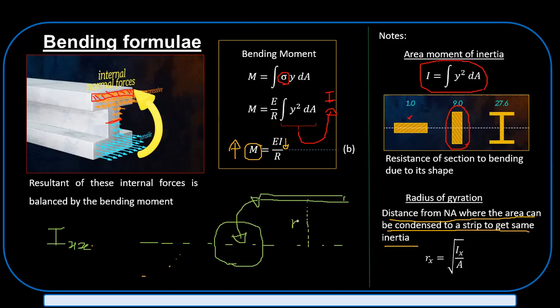This distance is theoretically called Rx. You simply divide this I by its area. So that means the distance from the NA where this area can be condensed into a strip to get the same inertia. If you multiply this by the area, you get A Rx squared.